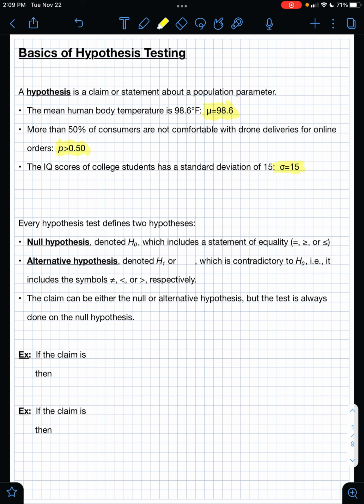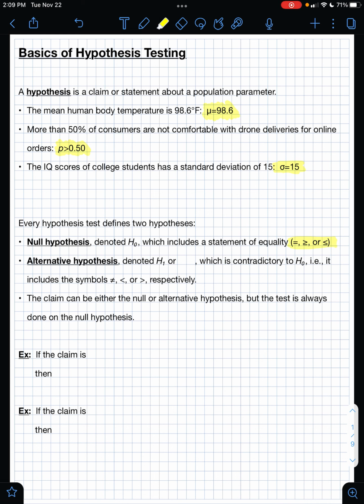The null hypothesis, which is denoted H sub 0, is a statement that includes equality, an equals or perhaps a greater than or equal to or less than or equal to statement. Most often you will see equality, the actual equal sign, but many schools of thought will allow for the greater than or equal to or less than or equal to as well.